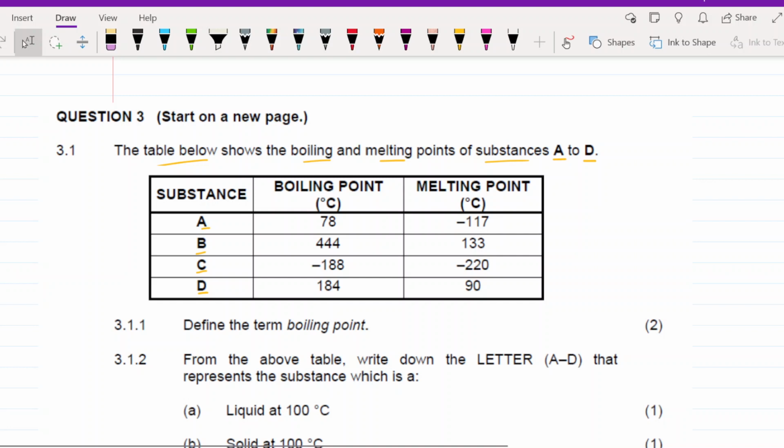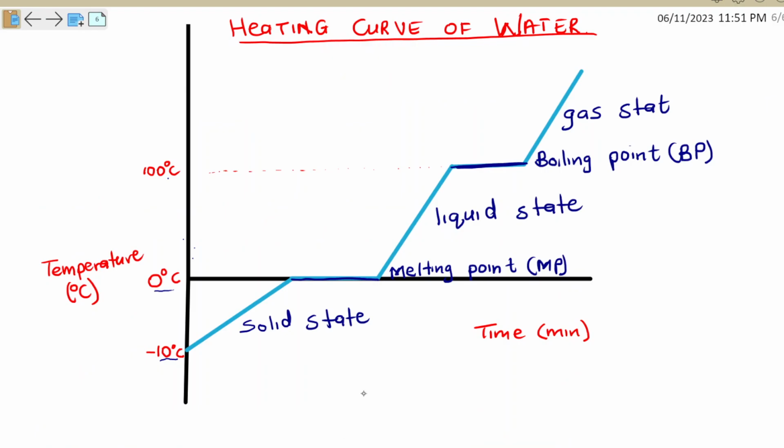So the first question now, question 3.1.1 says define the term boiling point. If we remember, the boiling point was this point.